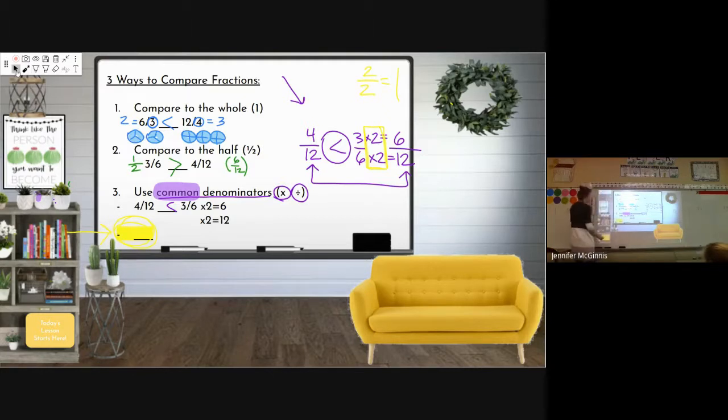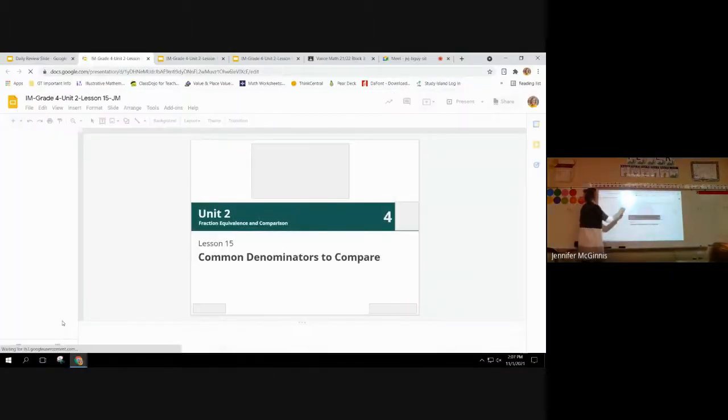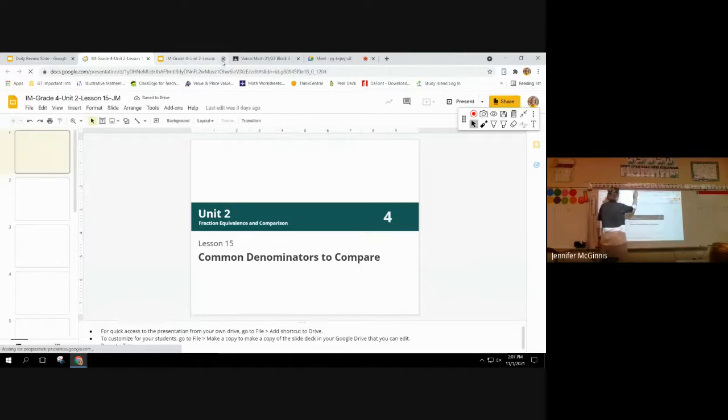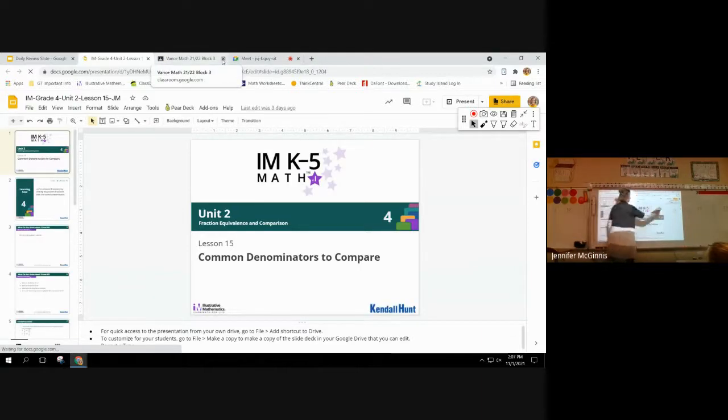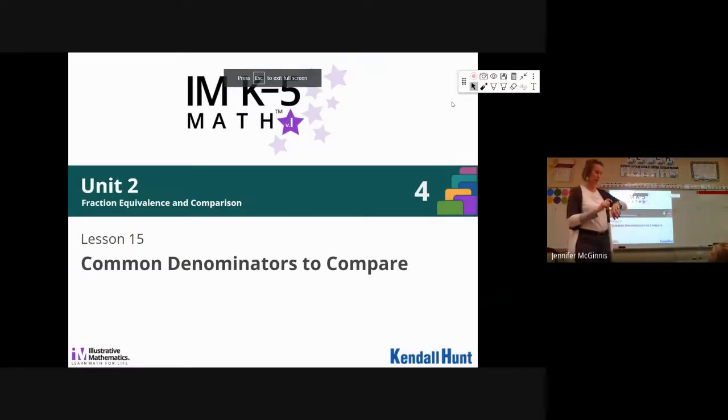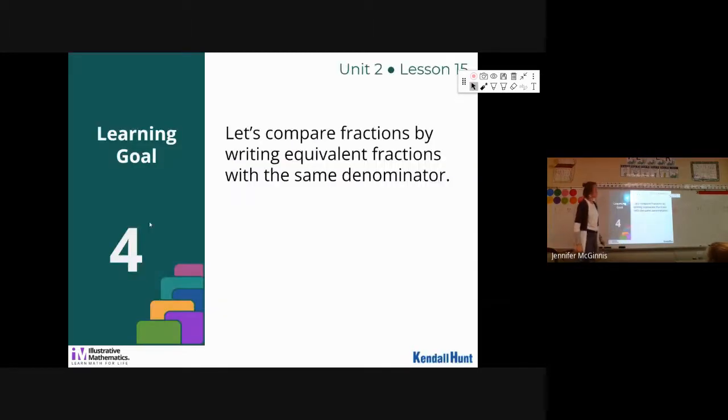That's what we're doing here today. So let's get started. Here's what I found. Common denominators to compare. Let's compare fractions by writing equivalent fractions with the same denominator, shall we?